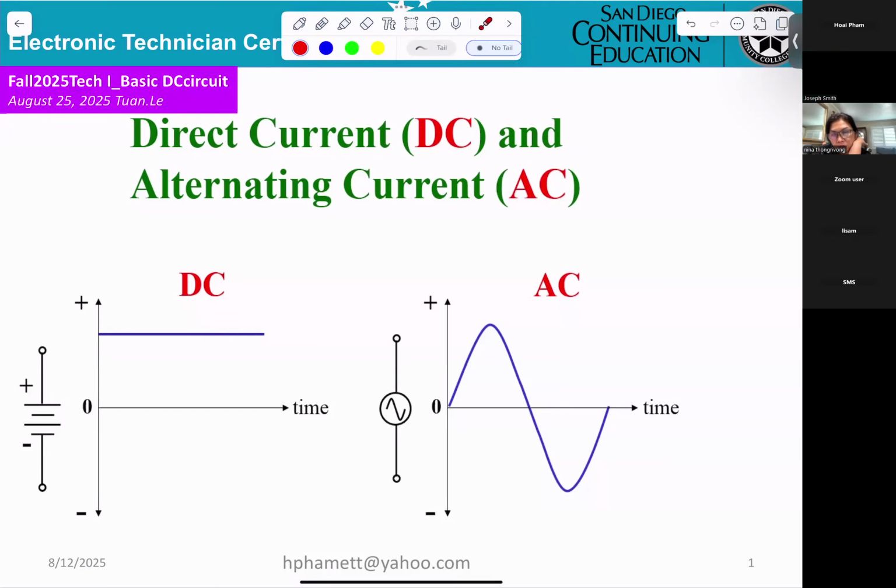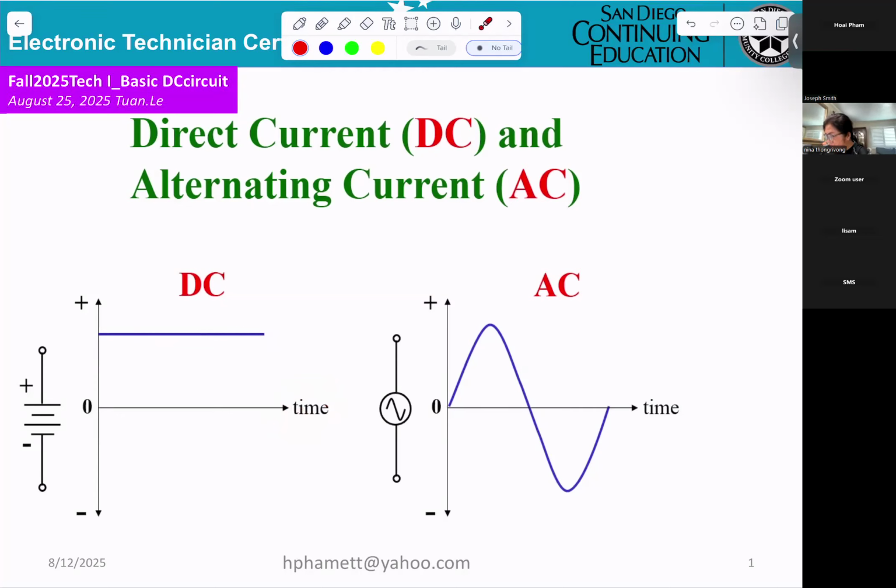Okay, last time we already talked in class about DC and AC. Make sure for DC, if you're looking on the oscilloscope, it displays just a straight line varying with time.